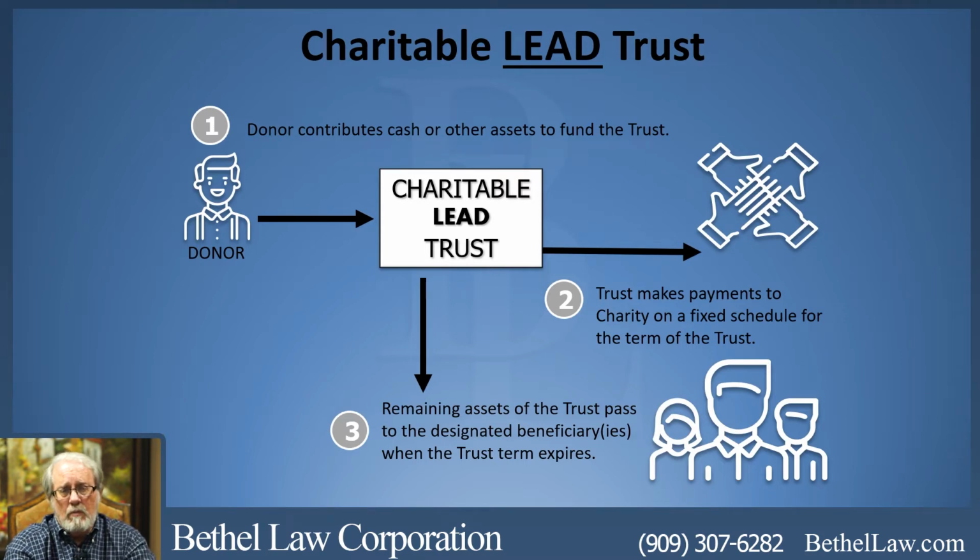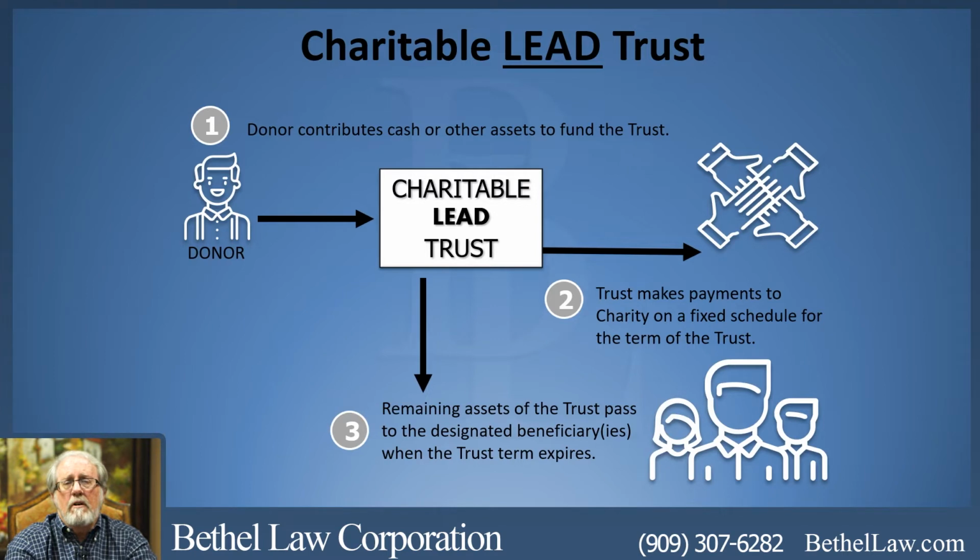You get to pick either one. So if you're very elderly, then it would be normal to pick a 20-year type term that would outlast you, the trust itself. Or if you're young, then you would want to pick a lifetime term for the charitable lead trust.